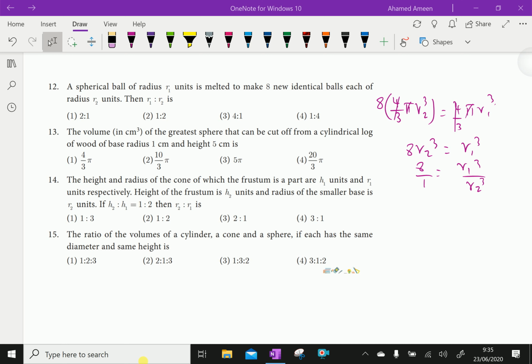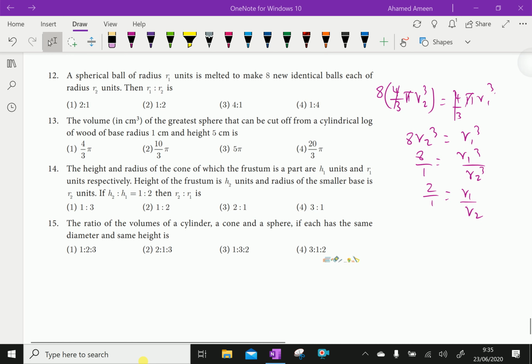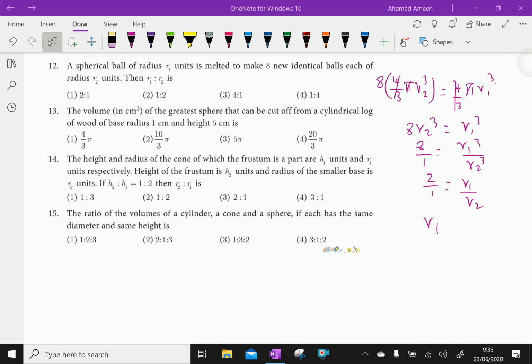Therefore taking cube root on both sides, 2 over 1 is r1 over r2, because cube root of 8 is 2. Therefore r1 ratio r2 equals 2:1.